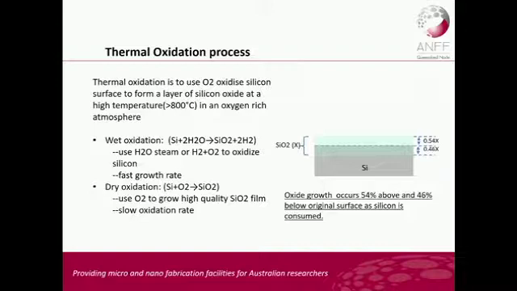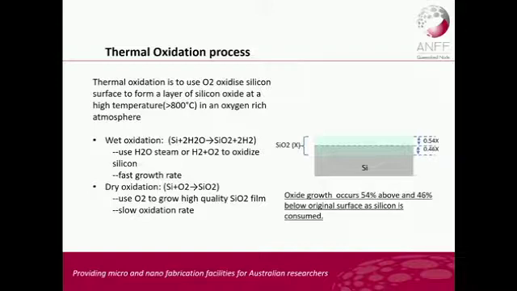When you do the oxidation, if you just do oxidation on your bare silicon wafer, probably you don't need to worry about how much silicon will be consumed. But if you're making a device, you need to keep in mind that the oxidation process goes 46% below the original surface, as the silicon is consumed.